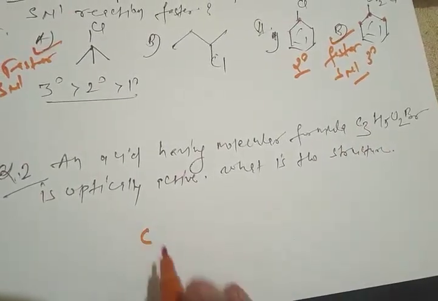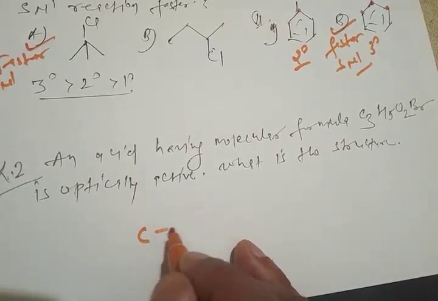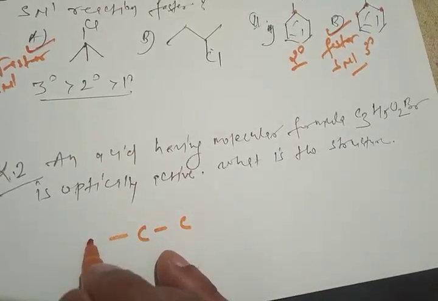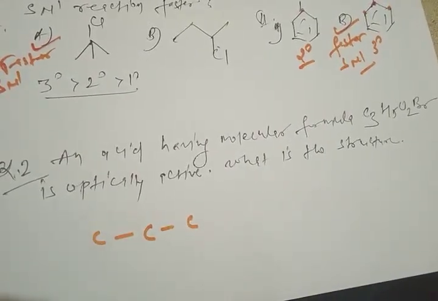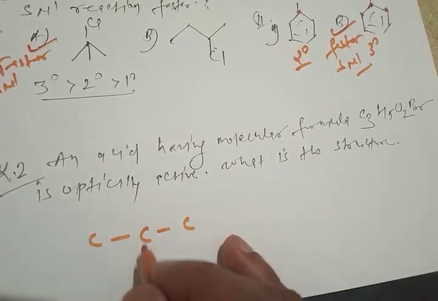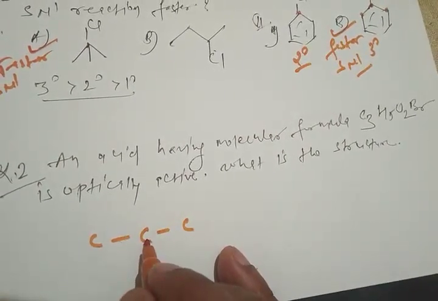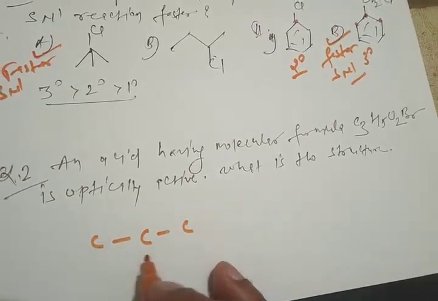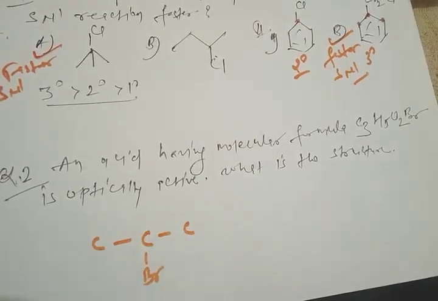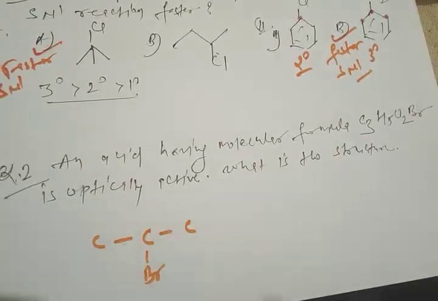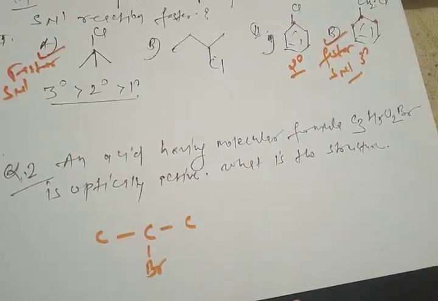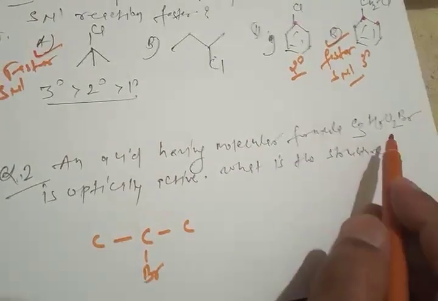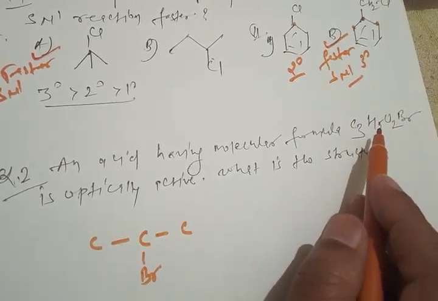So we have one carbon, another carbon here, and another carbon here. This carbon is bonded with carbon here and carbon here, and we can put bromine here. We also have two oxygens and H5.